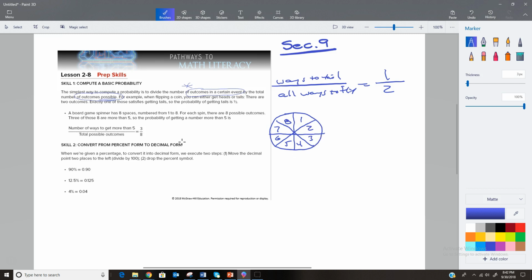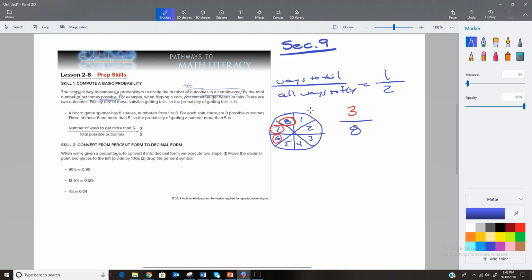For each spin there's 8 possible outcomes, and say we wanted to know the probability of getting more than 5. That would be 6 or 7 or 8. So out of these total of 8 ways, 3 out of the 8 are what we want. So there's a 3/8 possibility of getting bigger than 5.